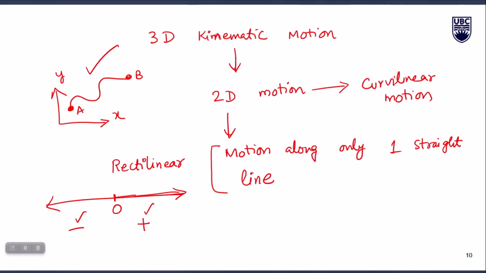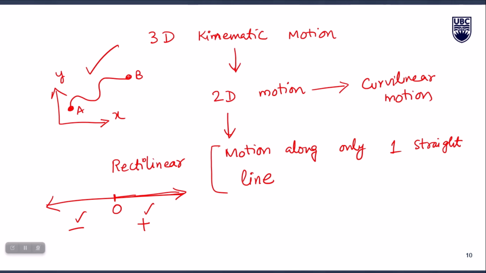But for rectilinear motion we will not be using vector notation, we will simply be calling the motion or displacement as positive or negative with one sign notation, that maybe rightward motion can be described by a positive sign while the leftward motion can be described by a negative sign.